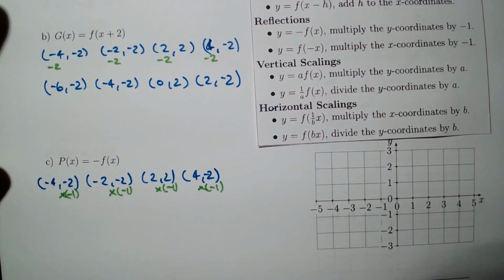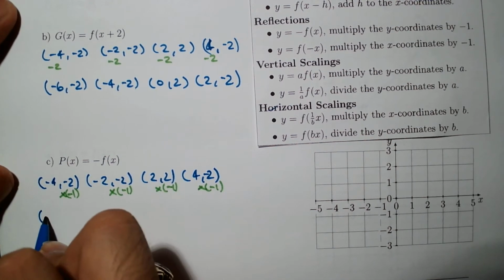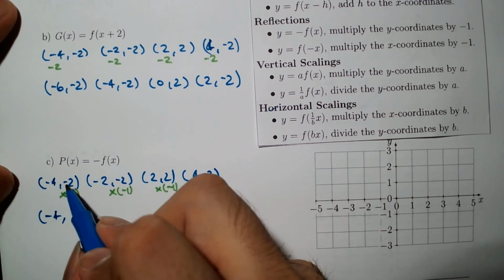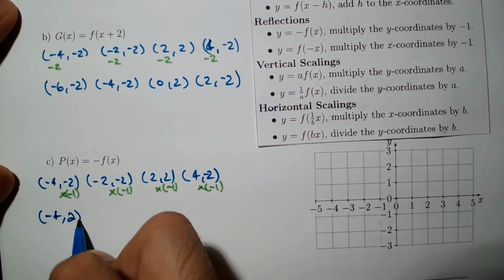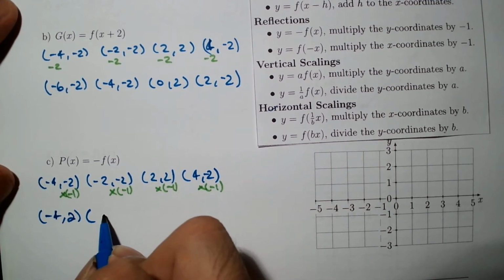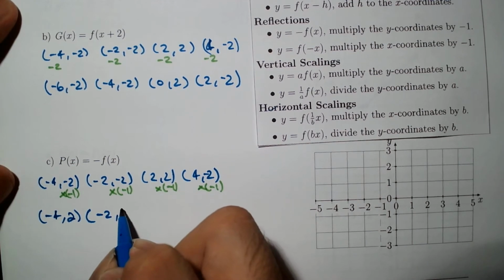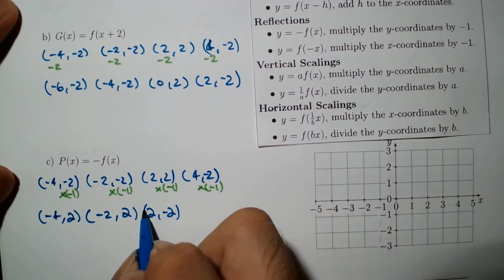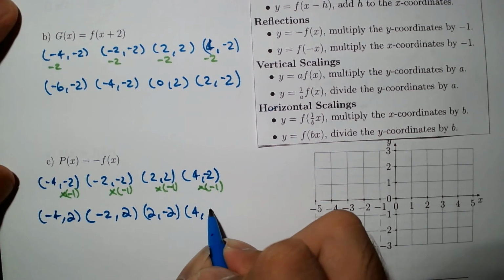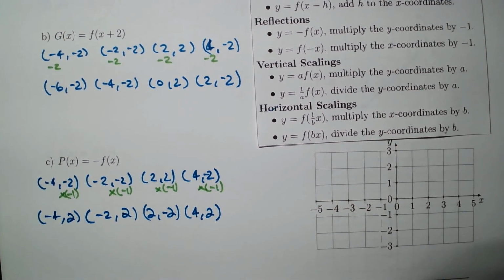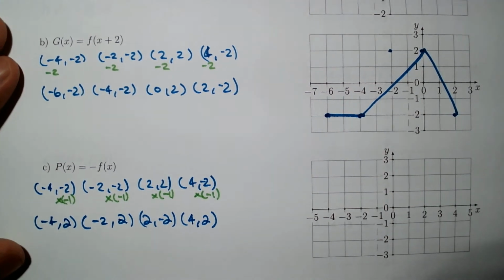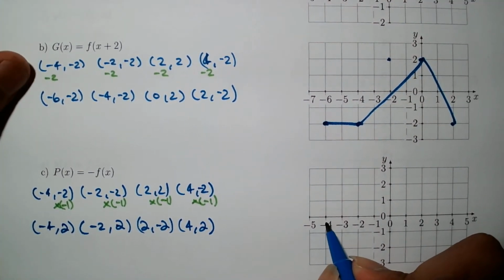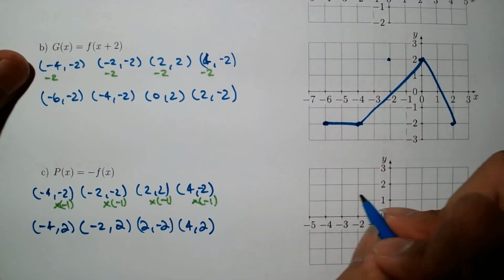Okay, so we are going to obtain points in which the x's remain the same, and we multiply negative 2 times negative 1, that's positive 2. Essentially, change the signs of the y coordinates. And we are going to plot these points. Okay, so let's see. Negative 4, comma, positive 2.